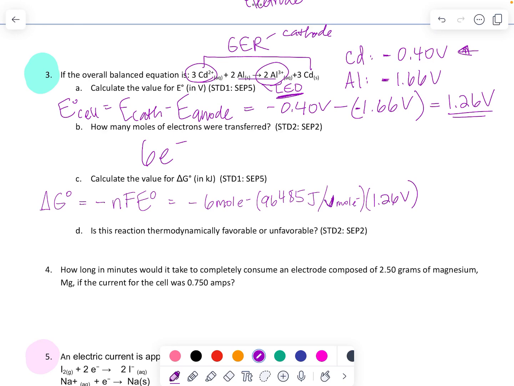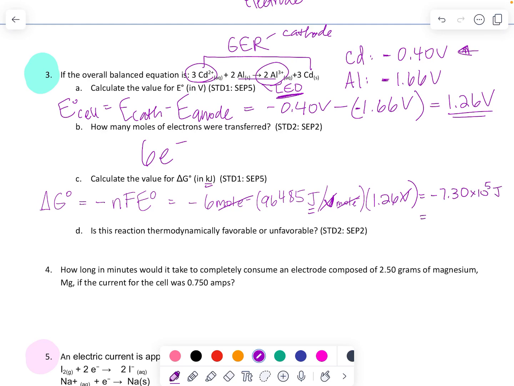When I look at what's going to cancel, my moles of electrons cancels, my volts cancels, and I'm going to be in joules per mole of the reaction, essentially. It does want kilojoules, though, so I will have to do a conversion at the end. So I get negative 7.30 times 10 to the 5th joules.